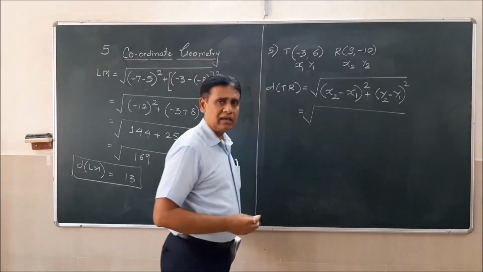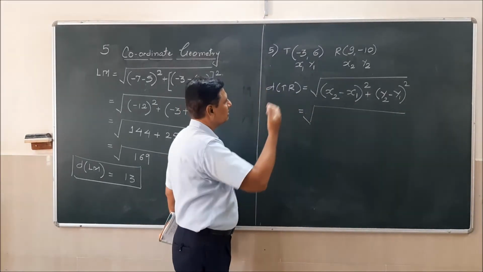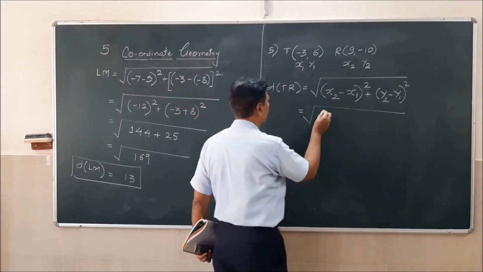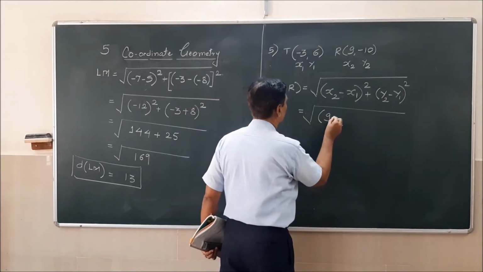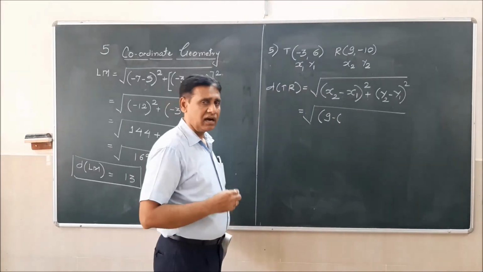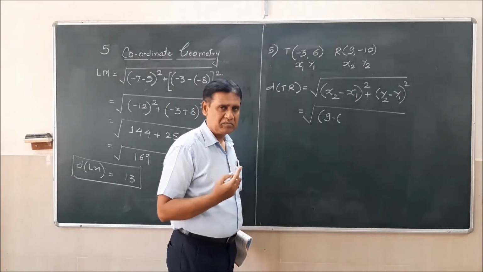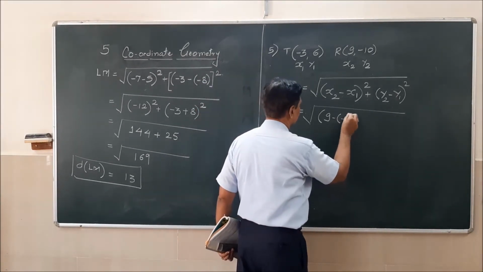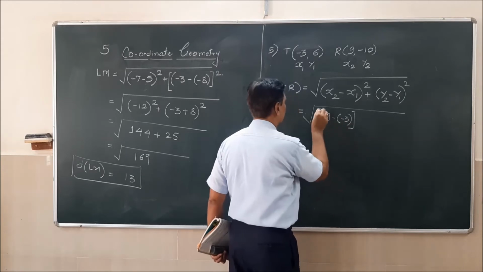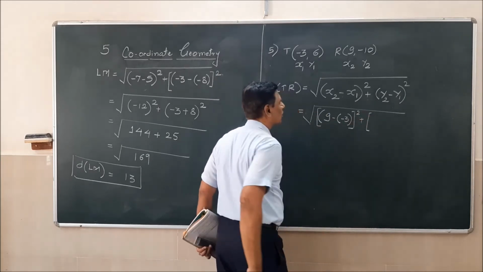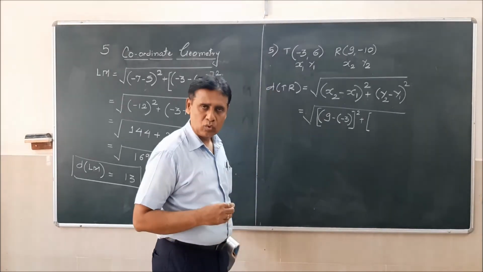Our second step is substituting the values. So now you will find value of x2 is 9 minus value of x1 is minus 3. Again, I would like to tell you the same thing. Be careful here. Please place a bracket minus 3 the whole square plus y2 minus y1 the whole square.